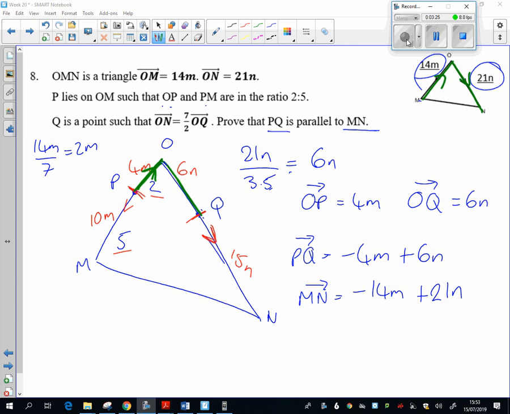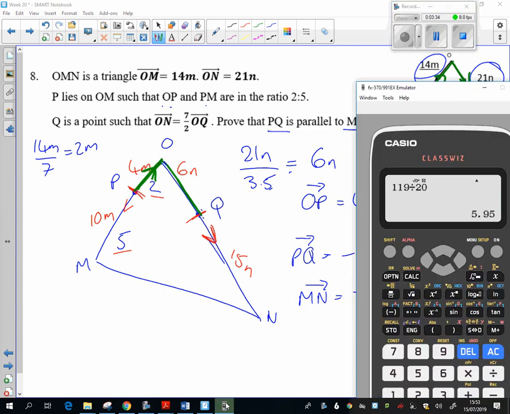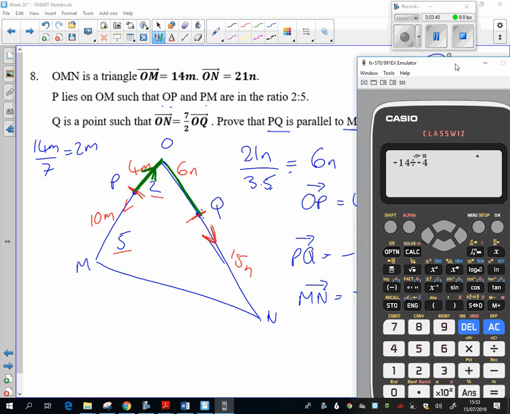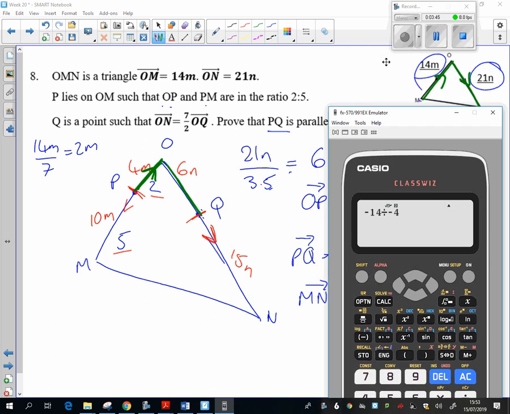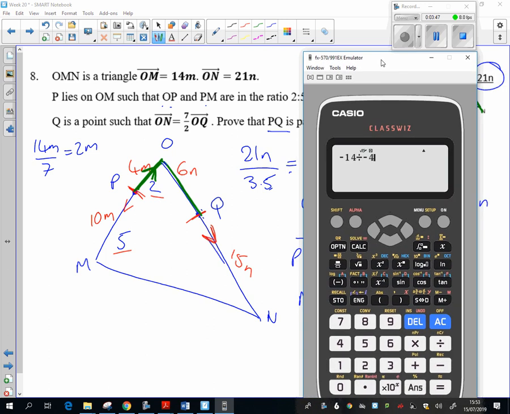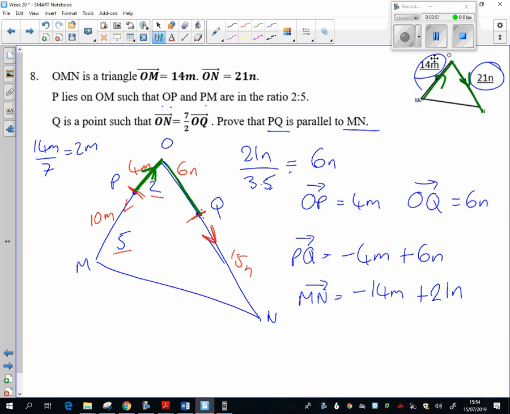And then all I need to show is that MN is a multiple of PQ. So it's not obvious, but the easiest way to check would just be to do minus 14 divided by minus 4. Get there in the end, right. So that's 7 over 2 or 3.5.